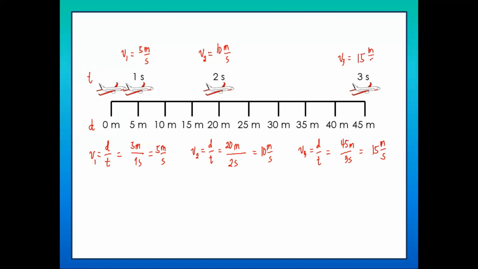So you have noticed that the velocity is increasing from 5 meters per second to 15 meters per second. So when the velocity changes every second, it means, class, that the airplane is accelerating, bumibilis, right?